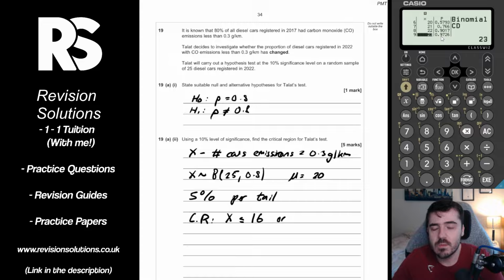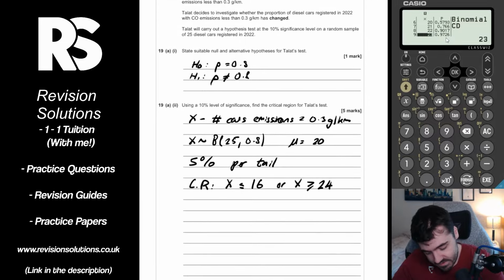The probability of less than or equal to 23 is 97%. So if we flip that to go above the top 5%, that's 1 minus, but then that would be 24 or above. So the top end of the critical region is x is greater than or equal to 24. So that's our critical region for the test.